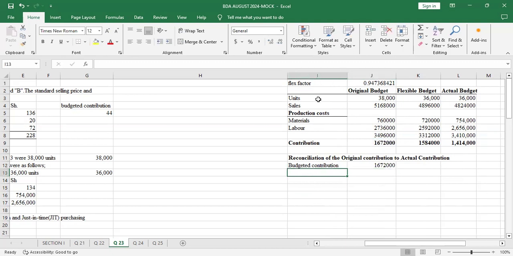Then you check at the items. So we'll start with the sales. So the first variance of sales is the sales price variance. Let me undo this so that I can also introduce the formulas.